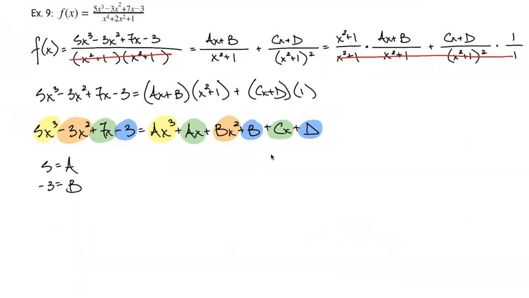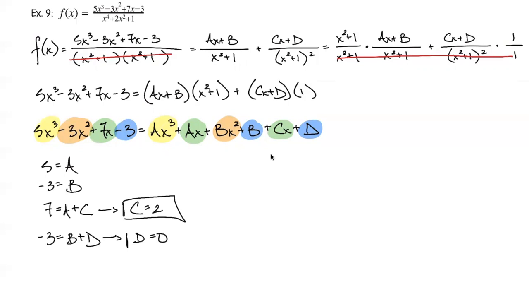I think I got a different value for C. Let's see, the green equation would be 7 equals A plus C, and since we already have A, that makes C pretty quick to find. I think we should have C equals 2. We could do the same thing with the blue equation: -3 equals B plus D. But I already know B is -3, so D is going to be 0.